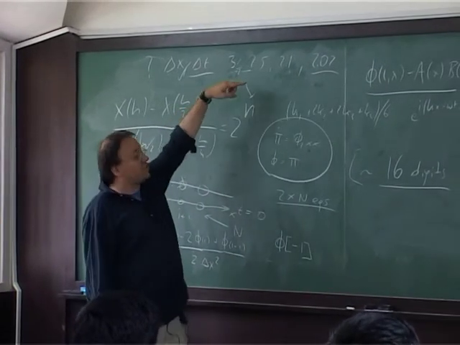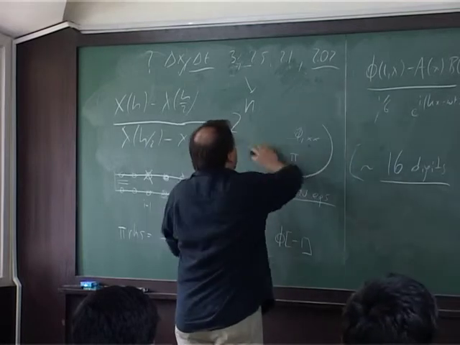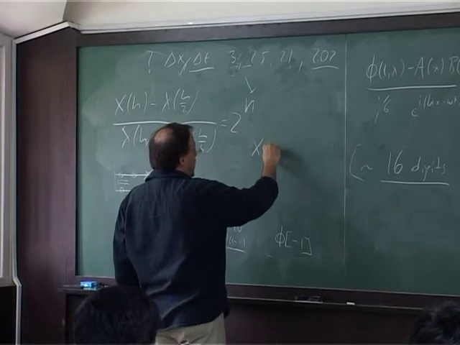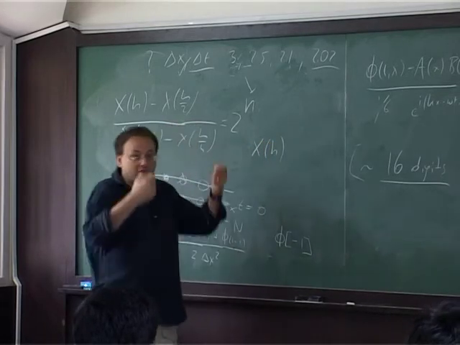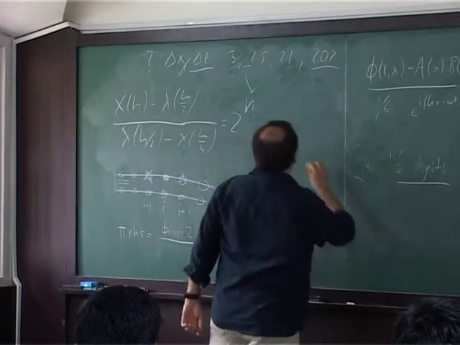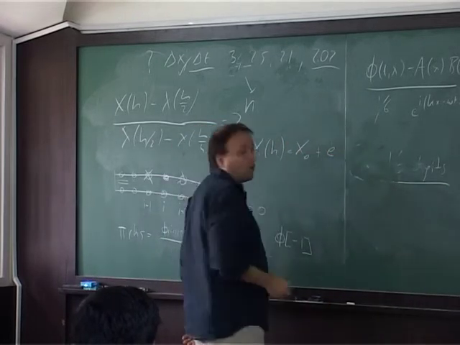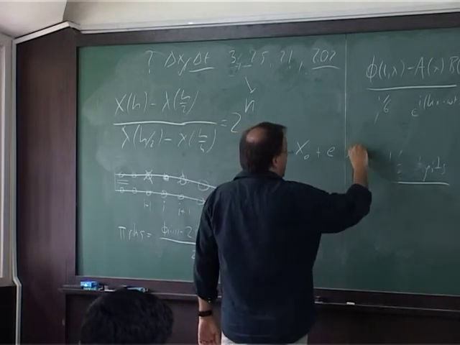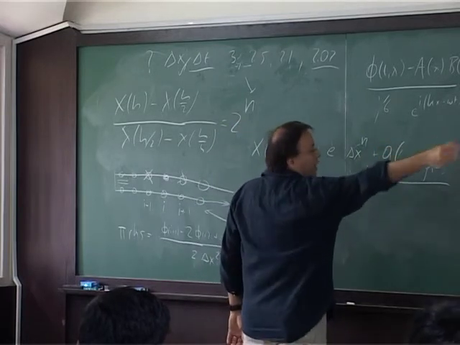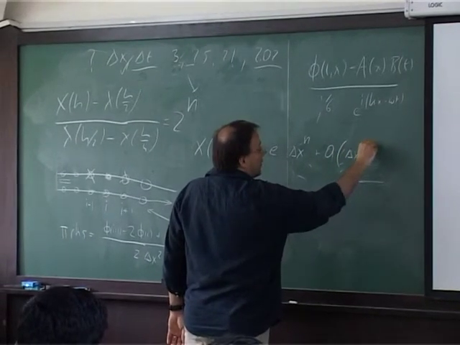As the resolution becomes better, let's write this formula down again. Asymptotically, your error should go like this: the result as a function of resolution is going to be something like x0, the continuum result, plus some coefficient, I call it e for error, times delta x to some power n, plus higher orders, which we write as delta x to the n plus 1.